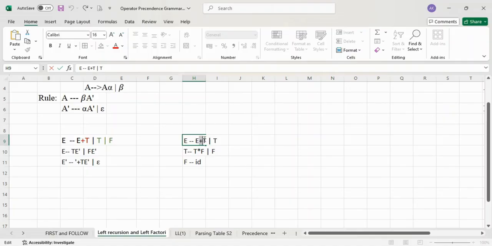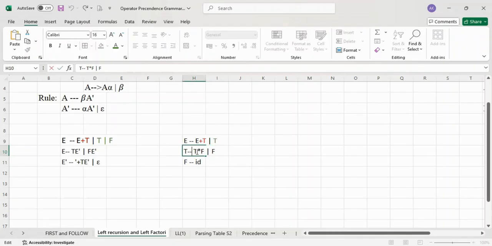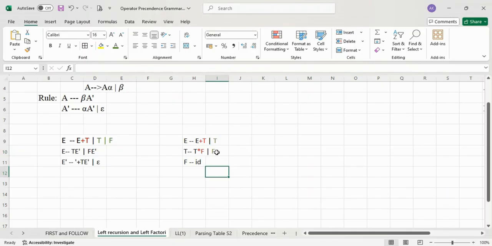So here there is left recursion. I highlight my alpha with red and my beta with green. Again, if you observe, on the left hand side T and on the right hand side T is appearing as the first symbol. So again, there is a left recursion. Anything beside a left recursive symbol, I highlight with red because I call it my alpha. Anything without the left recursive symbol, I call it beta, and I highlight it with green.